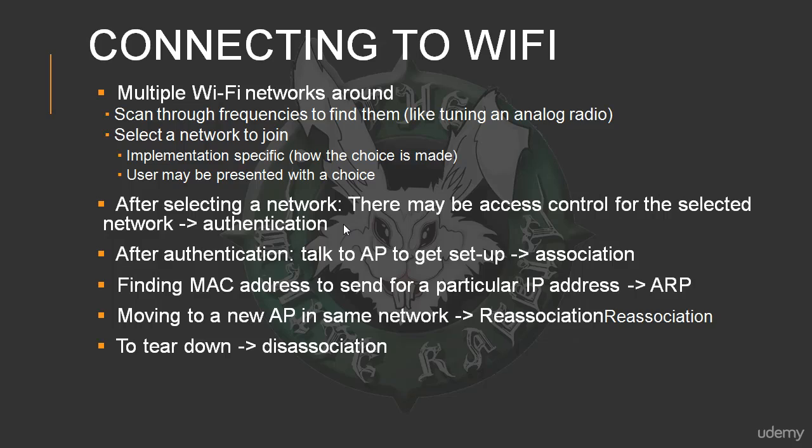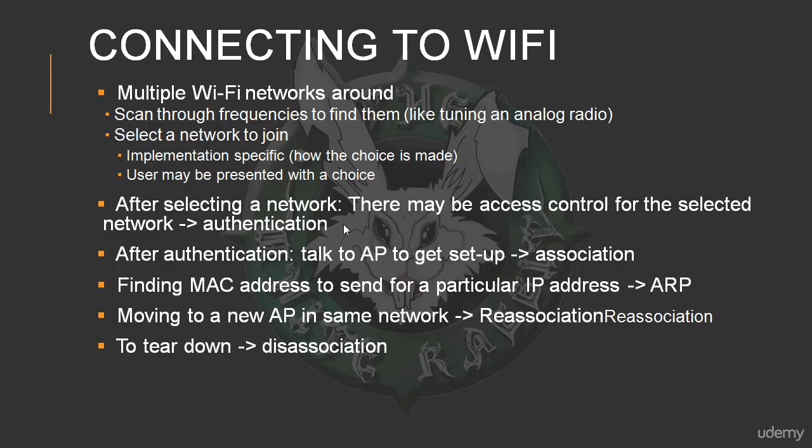Associating is kind of like actually the analogy in the wired local area network is actually connecting this cable from your laptop or PC or whatever to the switch, and then you're able to physically get the packets to and from the destination and source.